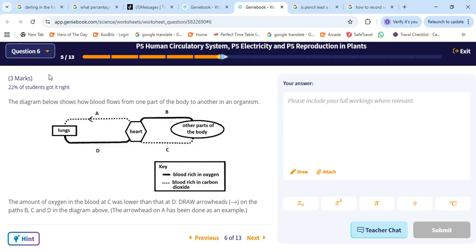Lower than D, that means it's pushing through. Wait, what? D, right? You're going to guess C, push.